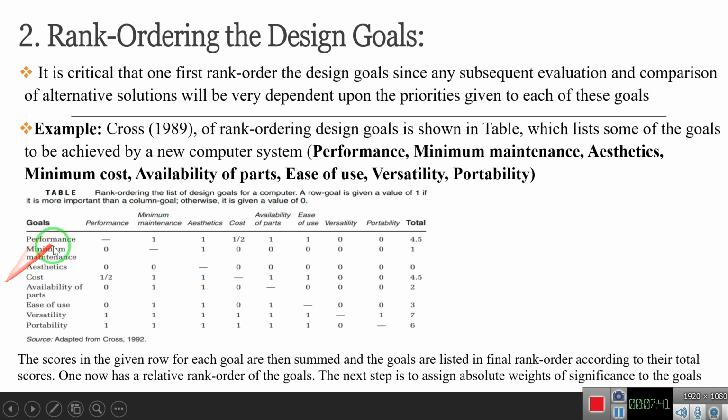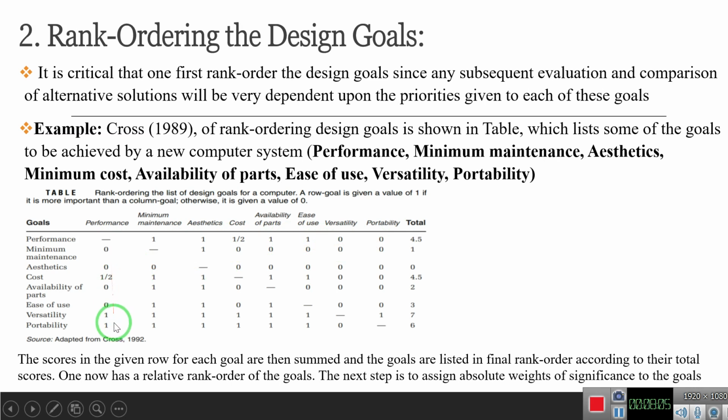Next, minimum maintenance with performance, or we can check like this also. The row will come in the vertical also, the column. See, performance dash with performance, minimum maintenance 1, aesthetics 1, cost half, availability of parts 1, ease of use 1, versatility 1, portability 0.